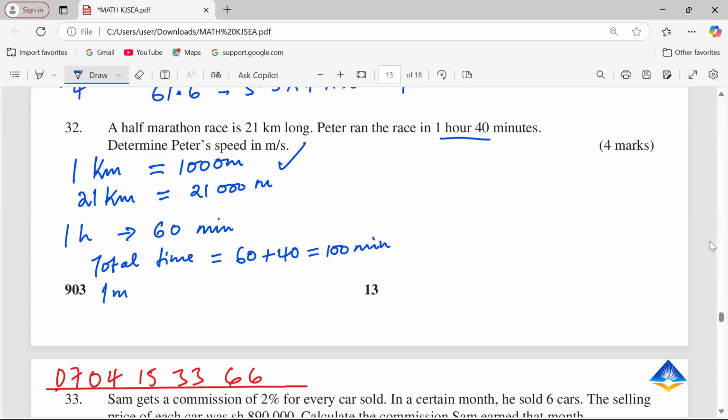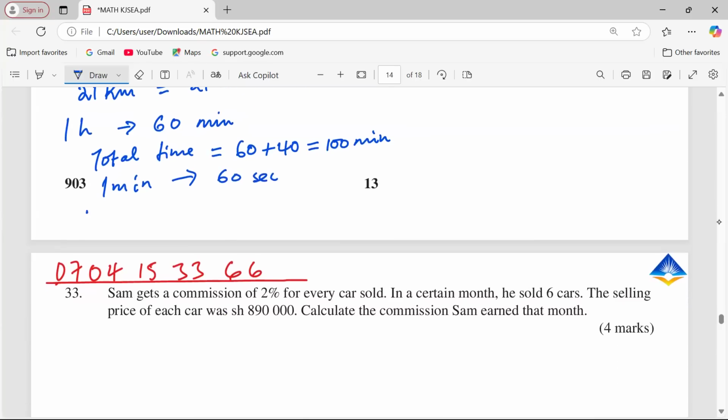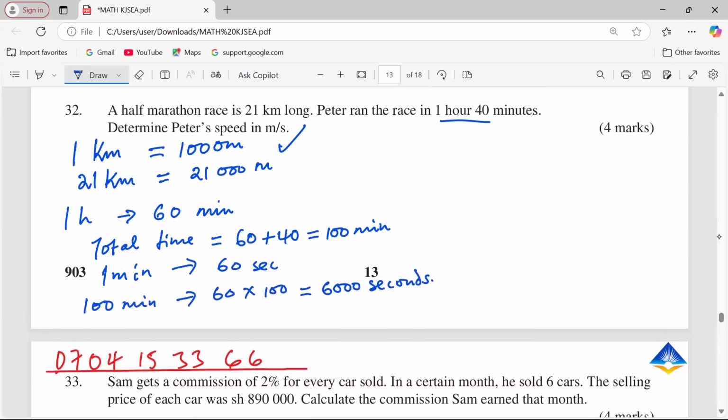Then 1 minute is usually equivalent to 60 seconds. What about the 100 minutes that we have? This will give us 60 by 100, giving us 6,000 seconds.